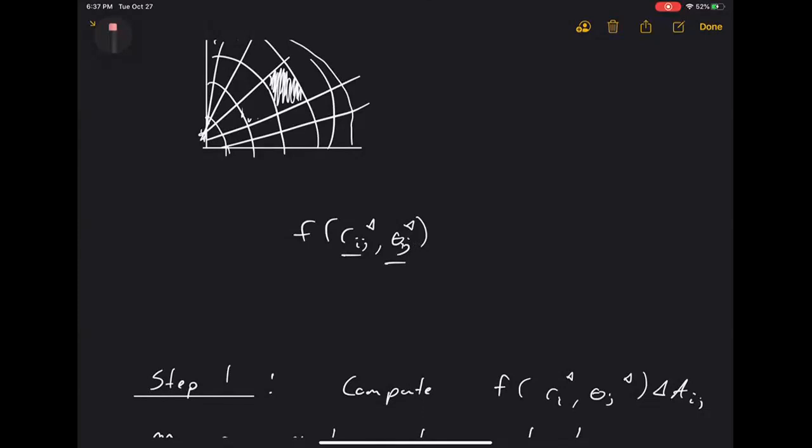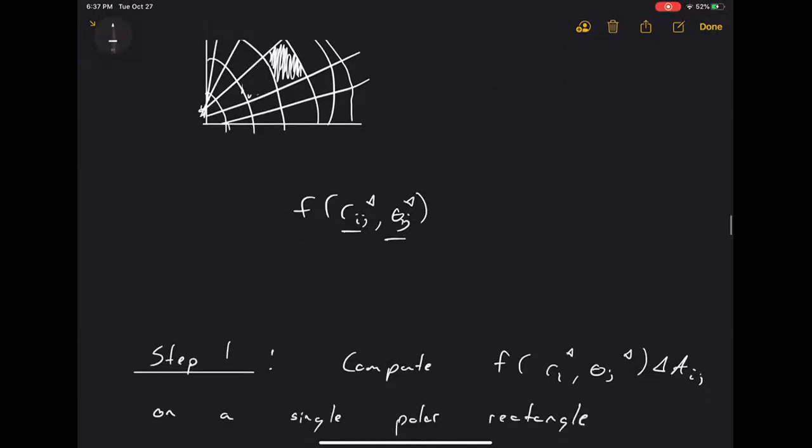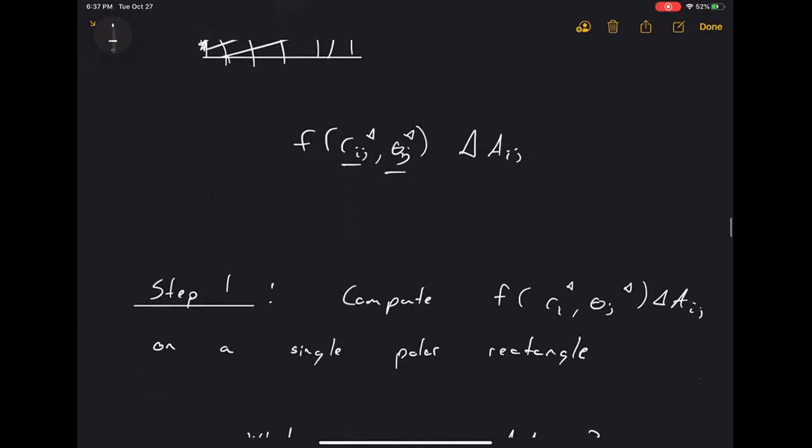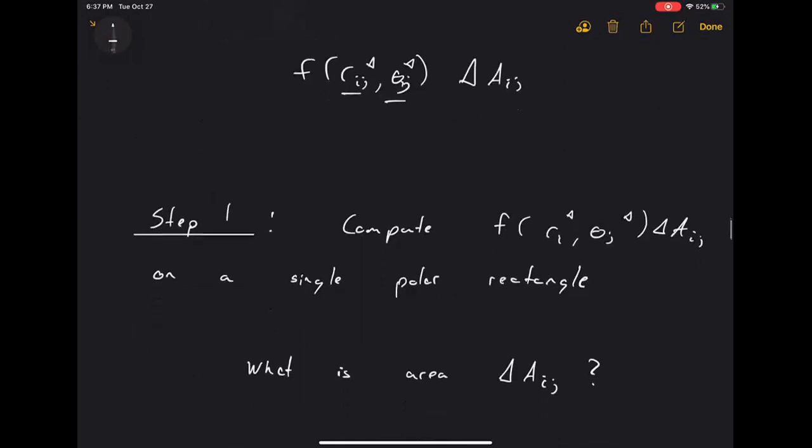Then essentially I'm going to multiply by the area of the base, which we would call delta A_ij, and that's going to give me the volume of my box, or kind of generalized cylinder, if you want to call it that.